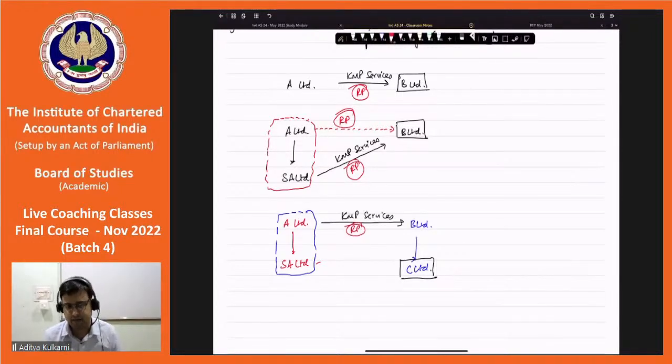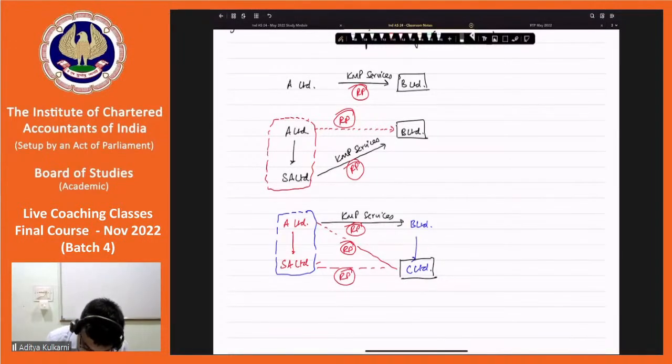At the same time, what does it say? If C is the reporting entity, then A Limited will be a related party of C, and SA Limited also will be a related party of C Limited. A and B, SA and B will be related, no doubt about that. But right now we are looking from the perspective of C Limited being the reporting entity.